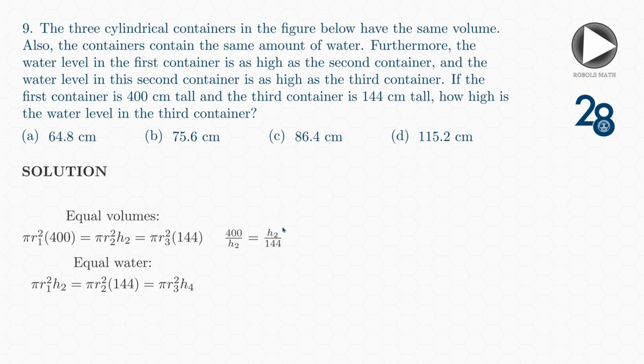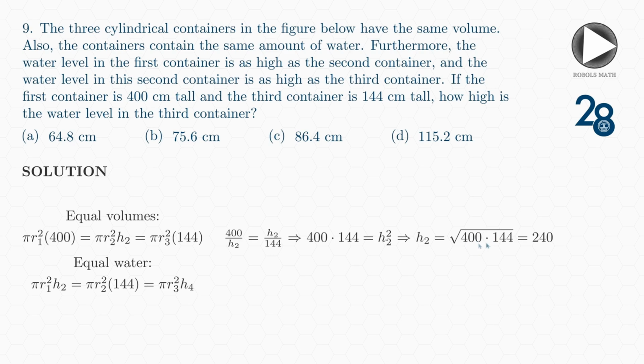If we cross multiply, we get 400 times 144 equals h sub 2 squared. To get h sub 2, we take the square root of this product, the square root of 400 times 144. Don't multiply these two. It's going to take you some time, and getting their square root will take more time.